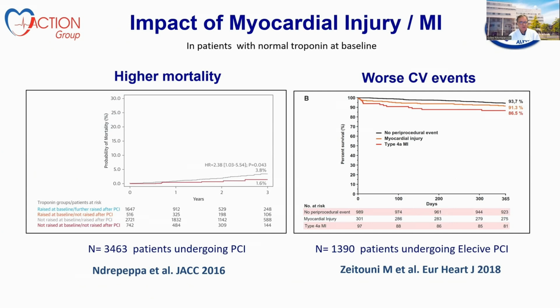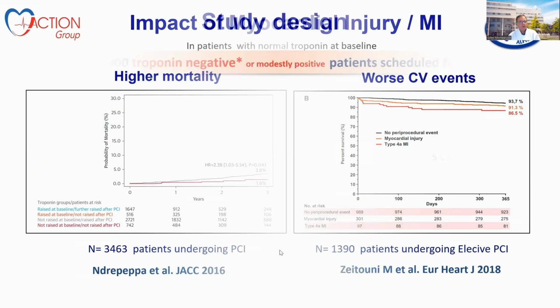There is a solid literature about it. It has an impact on long-term mortality and on cardiovascular events in general, as shown here in 2 studies. But we have a lot of studies showing exactly the same thing.